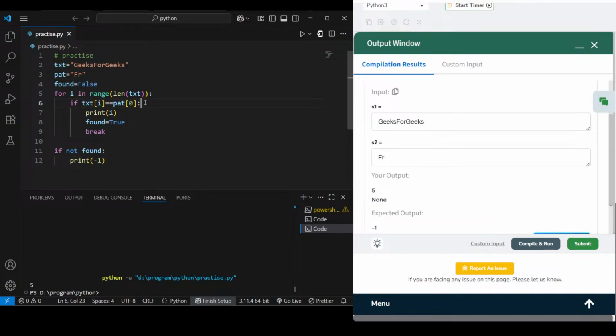Instead of printing, I think I need to run another loop. I need to write another for loop to check from there whether everything was matching or not.